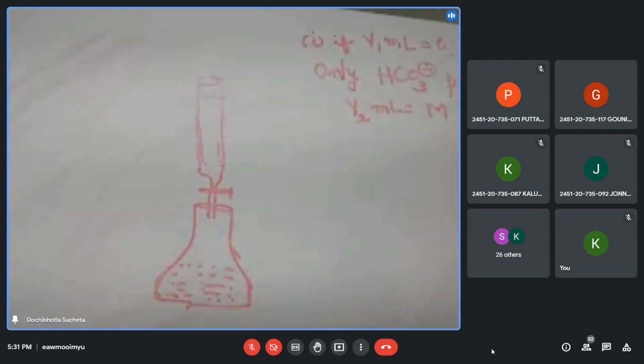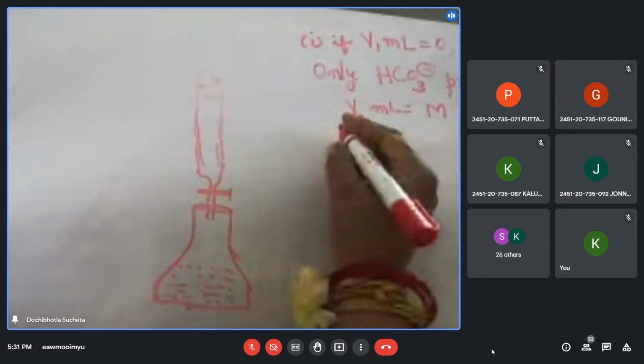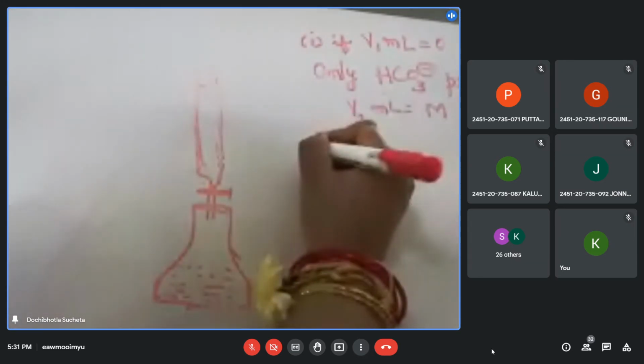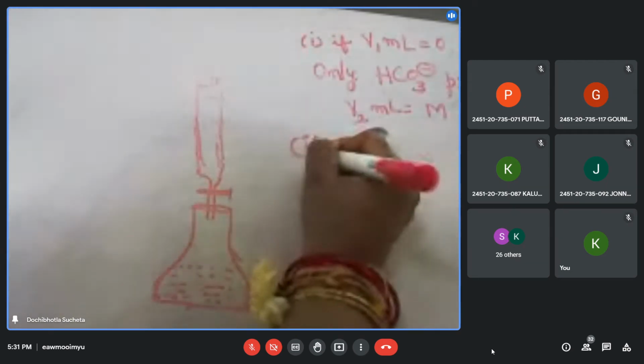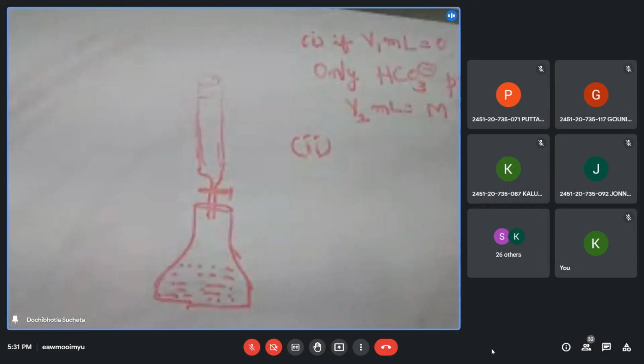It is as if I am extracting water using bore. Okay, this is the combination. So if the phenolphthalein indicator is giving color, then the answer is both OH minus and bicarbonates are present. Fine. No, but the discussion is not that.